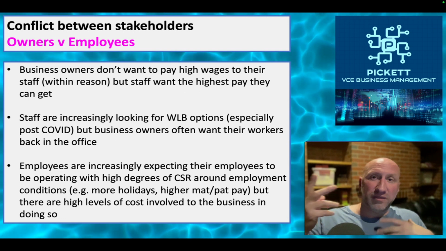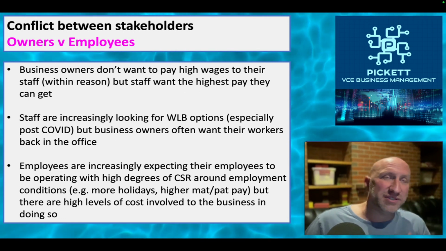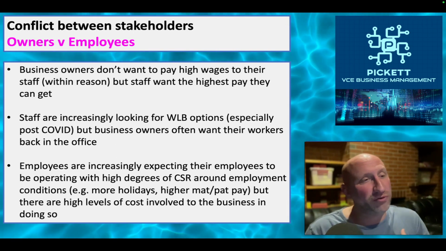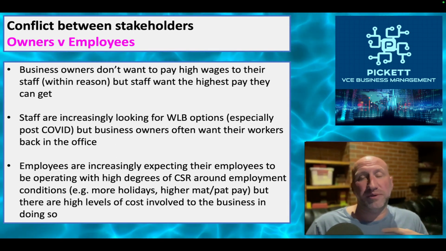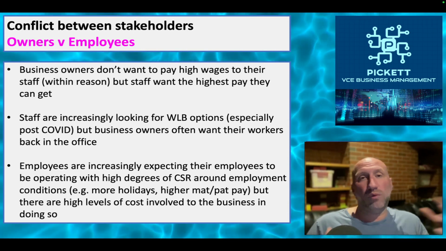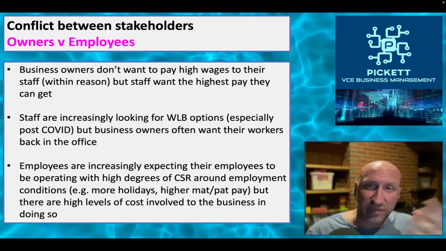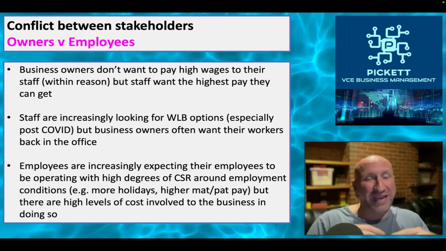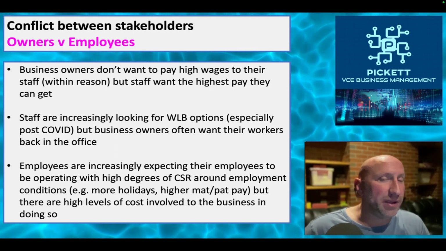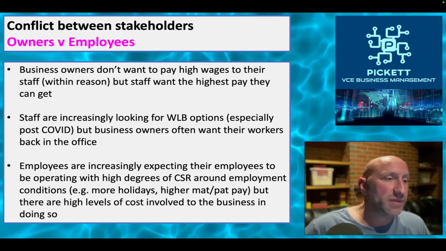But COVID kind of gave those employees a taste of work-life balance in a way they'd not seen before. They want to be staying home, particularly if technology allows them to do their job at home. A lot of them are like, well, why would I come back to the office? So there's definitely an increasing area of conflict that we're seeing out in the business world at the moment.